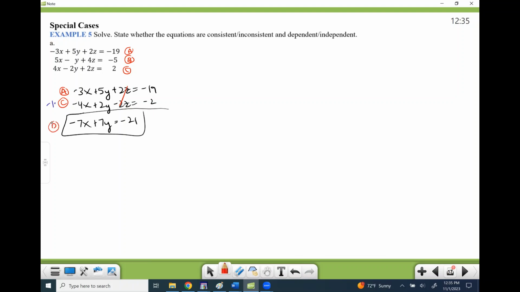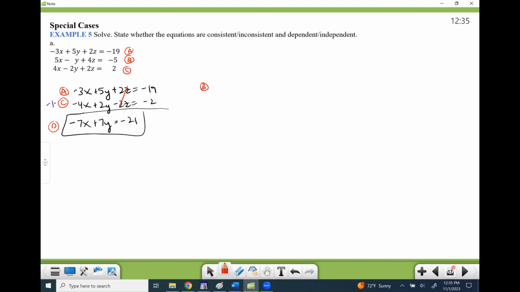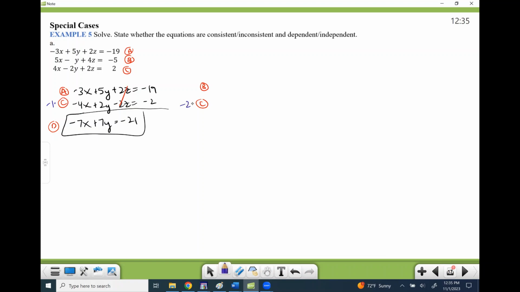All right, so now let's work on getting equation E. So it really doesn't matter which ones we pick, but I might pick B and C just because they look like they have smaller numbers, okay? So let's say that I do pick B and C to put together. If this one's a 4, then I want this one to be a -4. So I'm going to have to multiply by -2. Remember, if we got rid of the z's on the first one, we have to get rid of the z's on the second one.